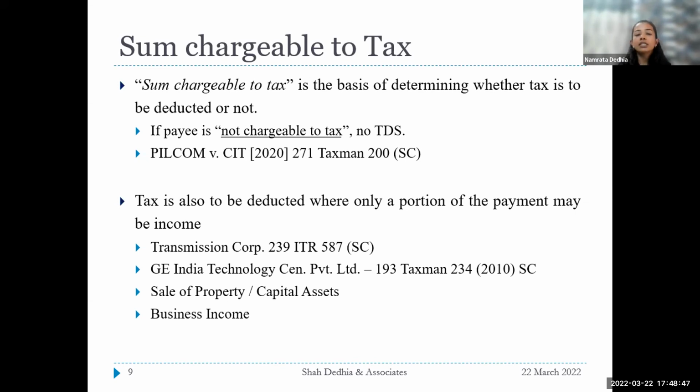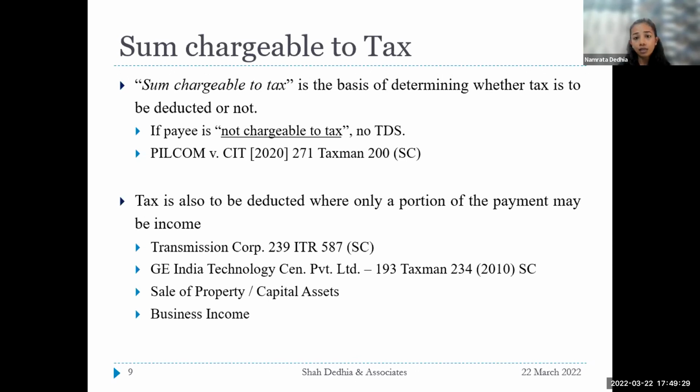However, we have the Supreme Court judgment in the case of Pilcom, where tournaments were being played in 3 countries and associations of these countries were made payments from India. Although those payments were not taxable under the Act, TDS provisions were applied, and the Supreme Court upheld that position, saying that the obligation to deduct tax at source is different from the ultimate or final taxability of that income in the hands of the non-residents.